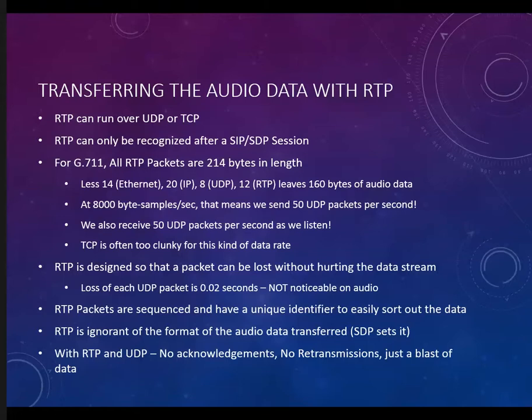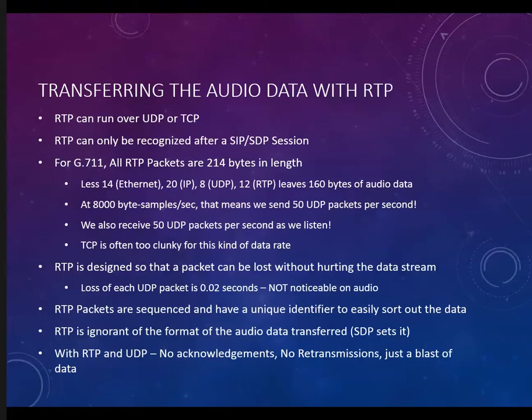In this case, the loss of each UDP packet is 2/100ths of a second, which is completely unnoticeable in the audio. You would have to lose an awful lot of UDP for it to be noticeable.